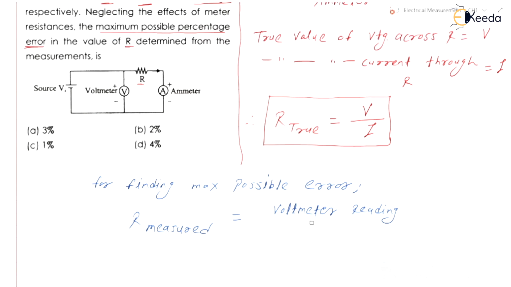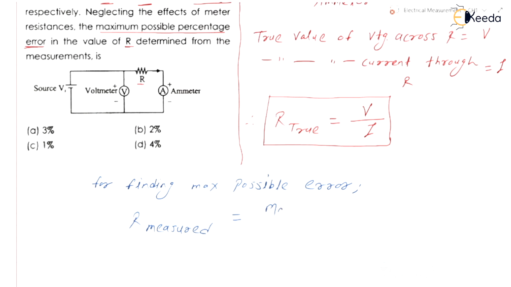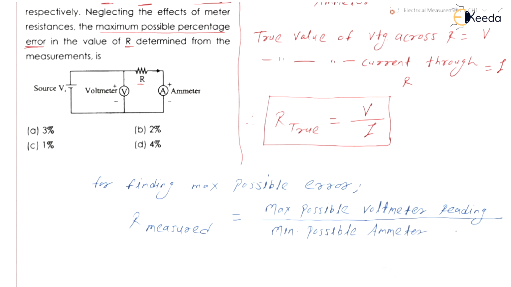Maximum possible voltmeter reading divided by minimum possible ammeter reading, because current is in denominator. Okay, so it is maximum possible voltmeter reading divided by minimum possible ammeter reading, right?